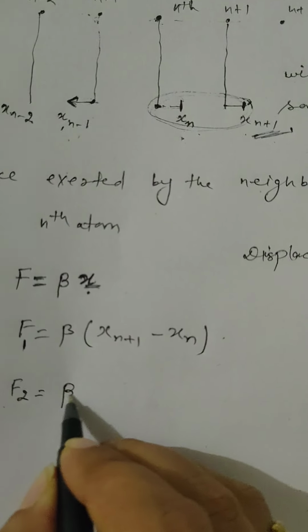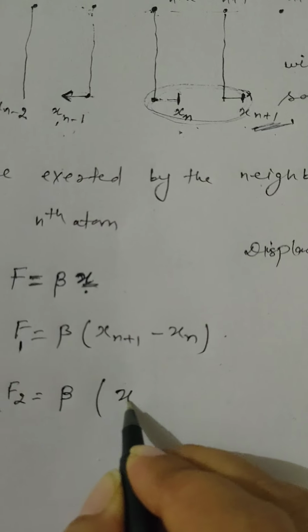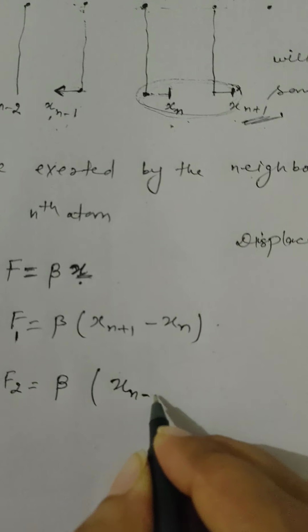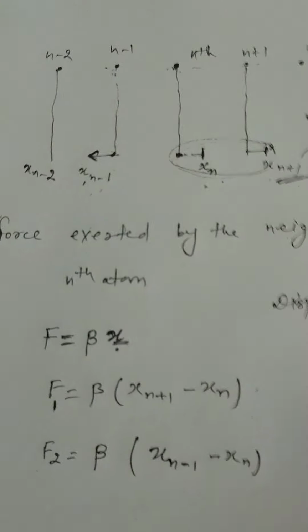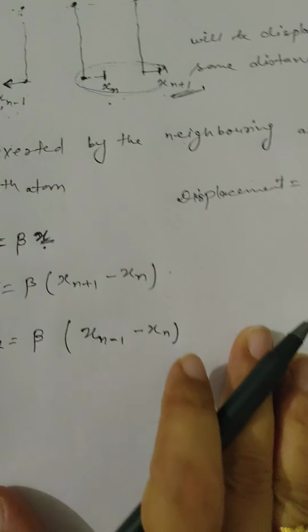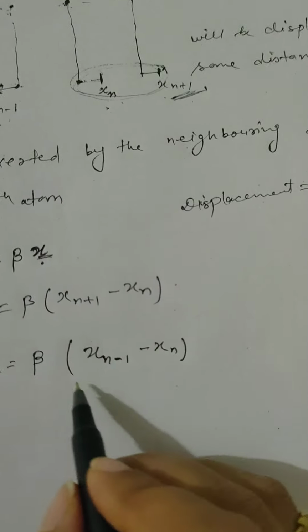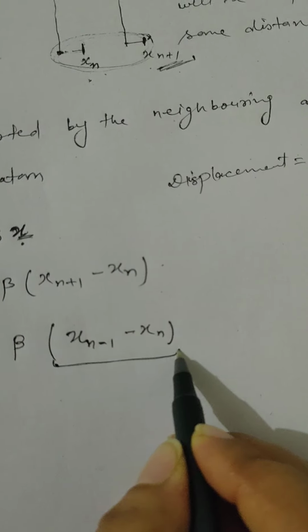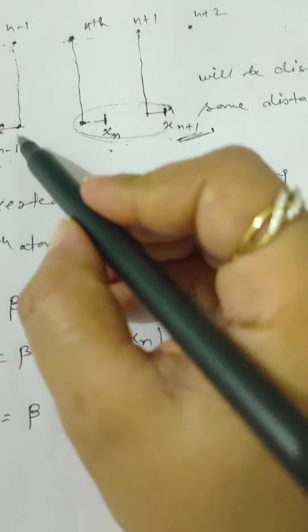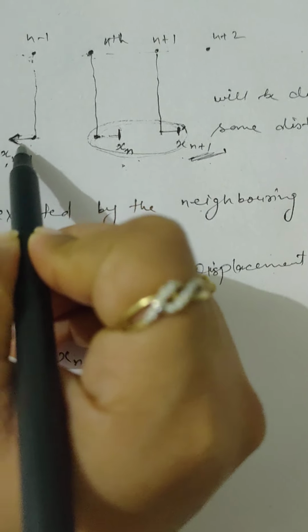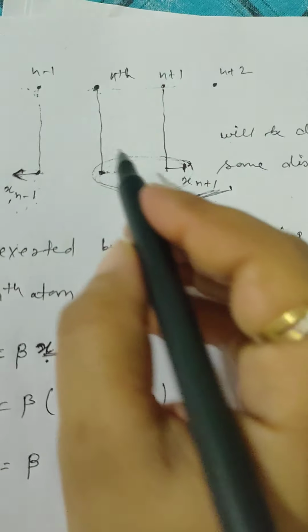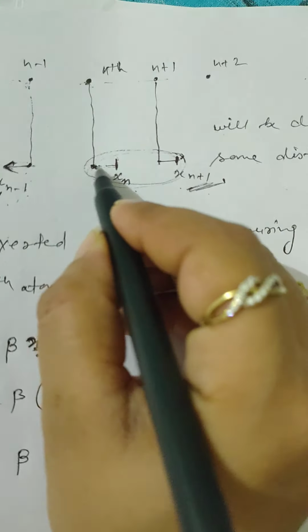So it will be beta xn minus 1 minus xn, because I am considering the nth atom is displaced along this direction.